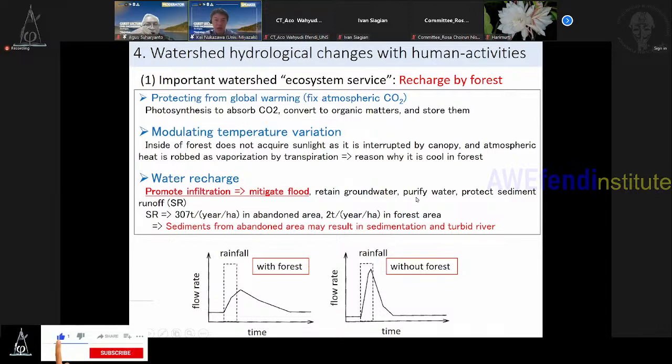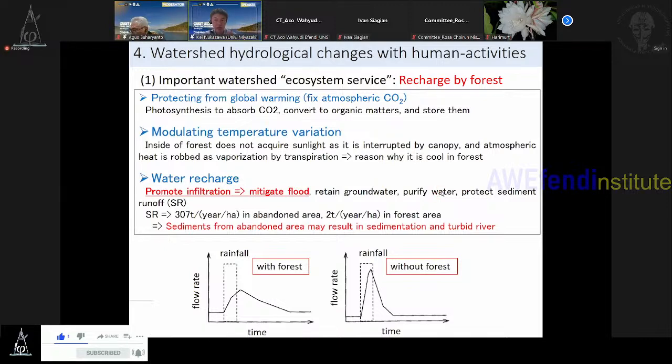And also if rainwater infiltrates, it finally discharges to the surface, and it means the water is filtered. So the filtered water is purified.